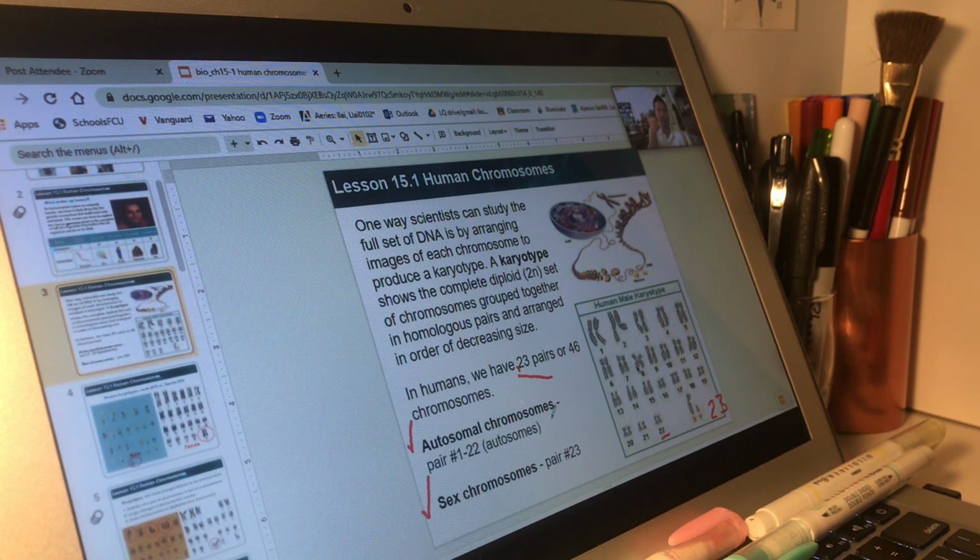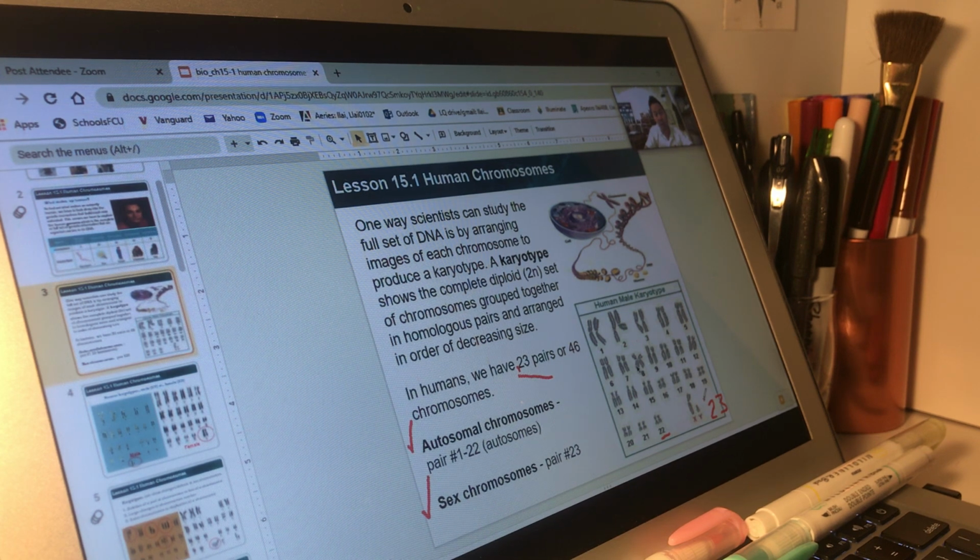Does it determine that I'm a male and Jenny is female? No, it does not. So all the genes that are not related to gender or sex are found in chromosomes 1 through 22.